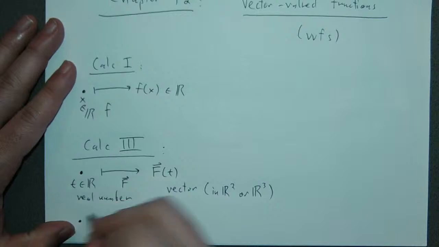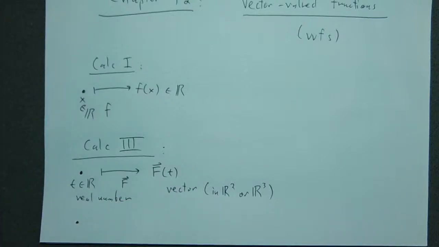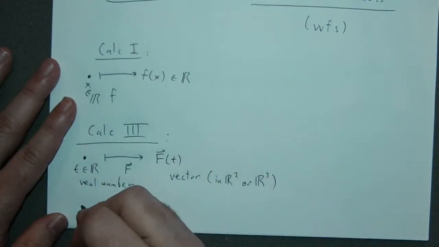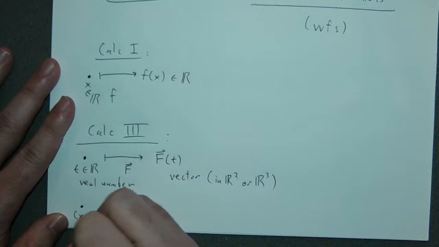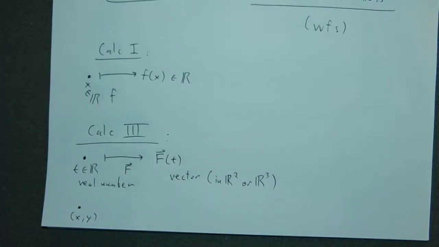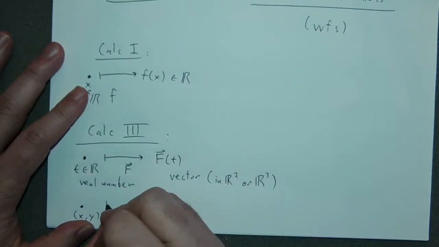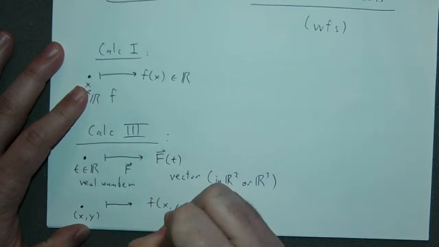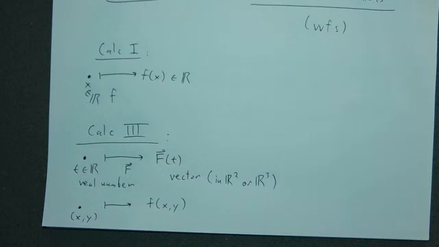The other thing that is going to be the topic of Chapter 13 and 14, and really the rest of the course, is the following. We take in a vector. So we start out with a vector, or we're going to write it as an ordered pair, x, y, and then we assign to that ordered pair a real number, f of x, y.